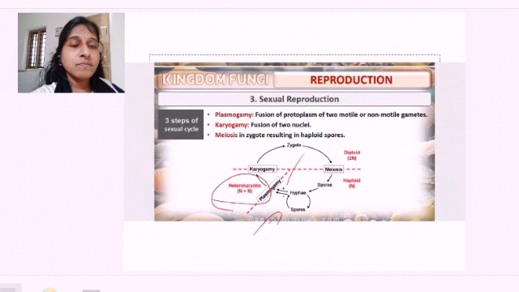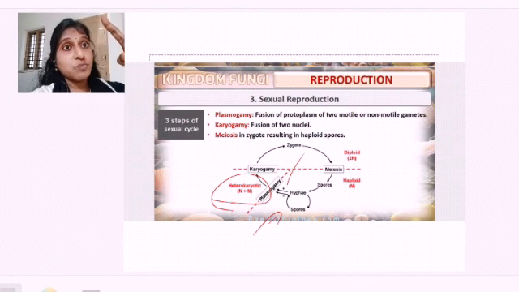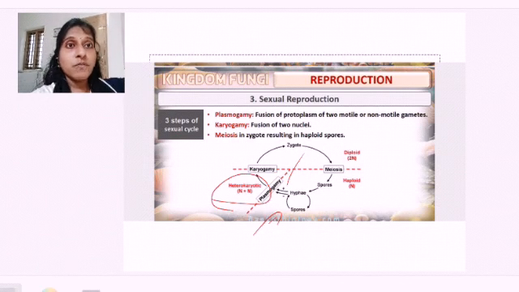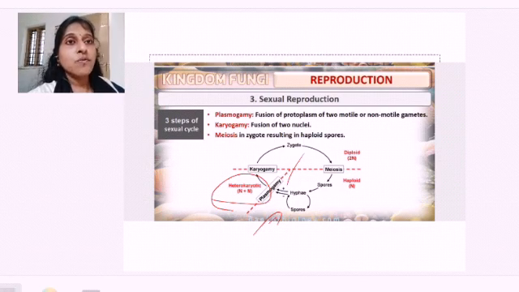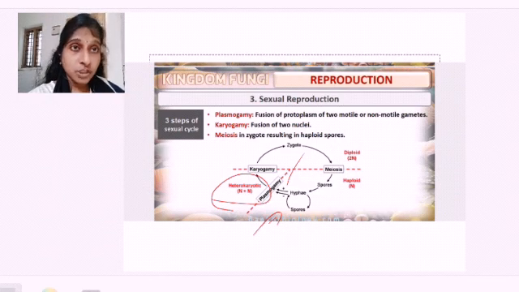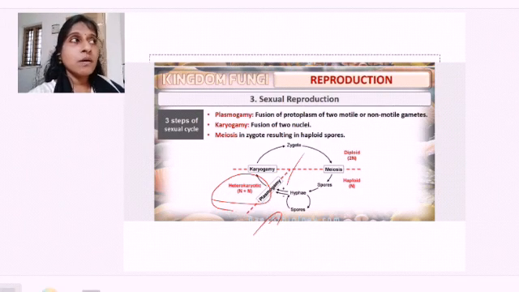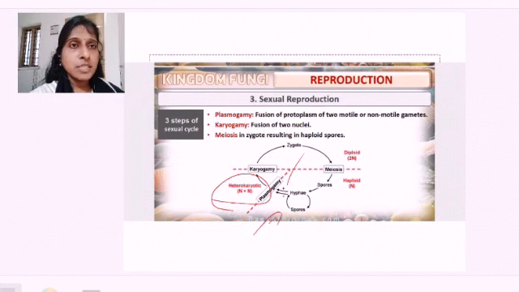Growth is taking place, replacement is taking place, repair is taking place. So these are all caused by the simple cellular division in which no variations are there. That simple cellular division we call the mitotic division, right? So growth from one cell, two cells are formed just like that.